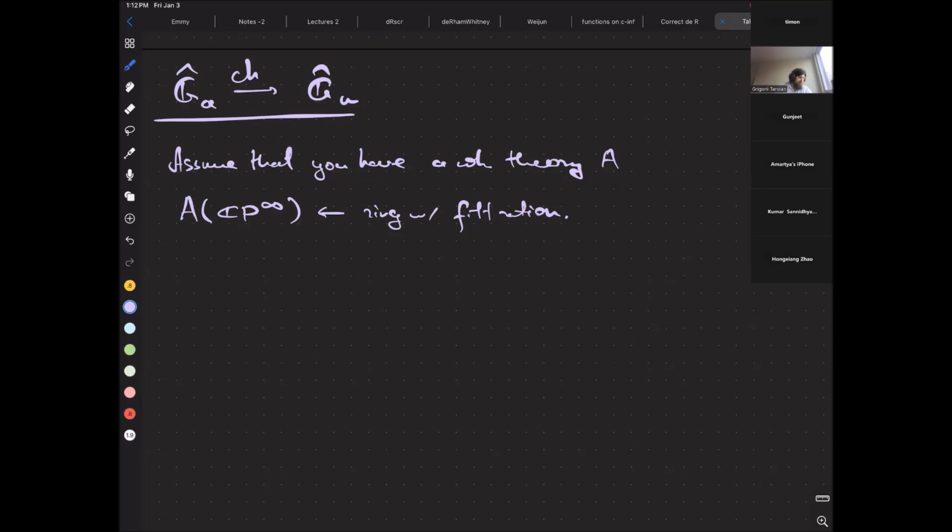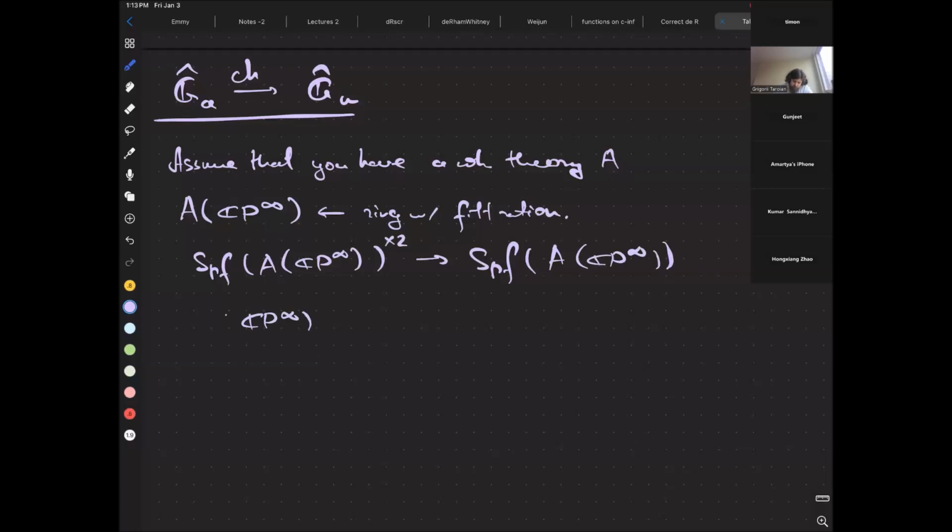And then from this, you can construct a formal group just by taking the formal spectrum of this cohomology ring. And then you have a morphism like this, which corresponds to the multiplication on your formal group, which arises from the following map on projective spaces.